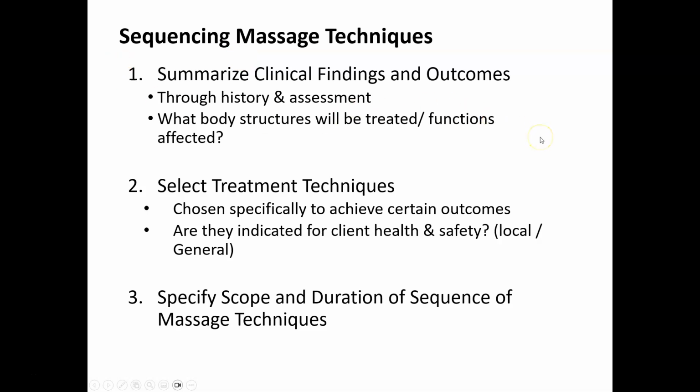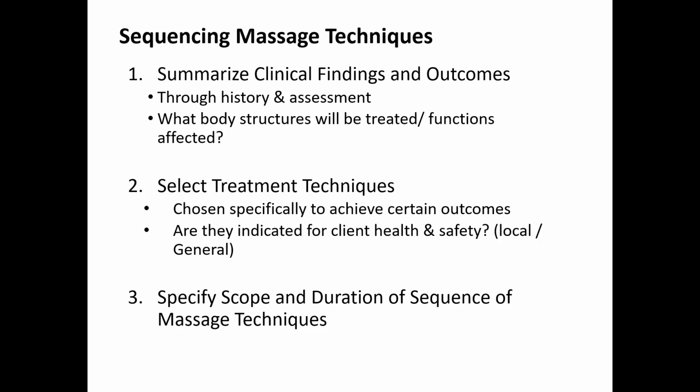When we look at a treatment, I talked a bit about this last week and gave some demonstration. We have to sequence our massage techniques so we're fluidly running from one technique to another. So first, summarizing clinical findings and outcomes. We do that through history and assessment, and what body structures will be treated and functions affected.